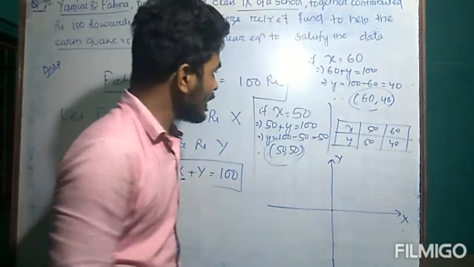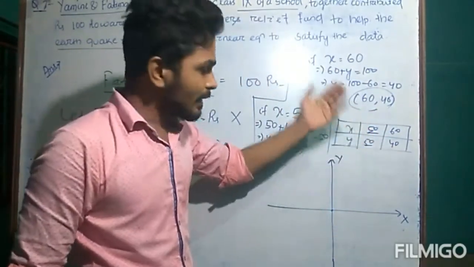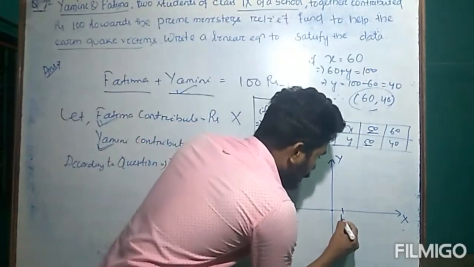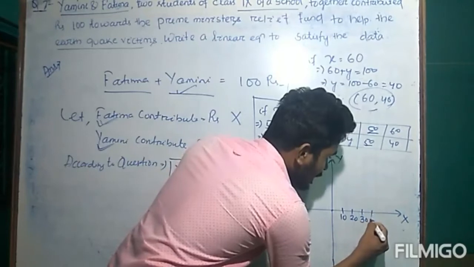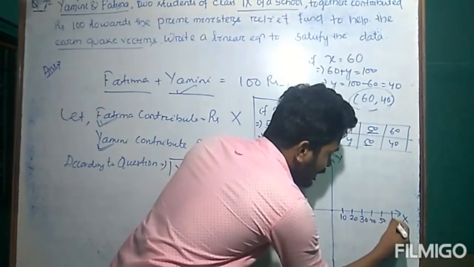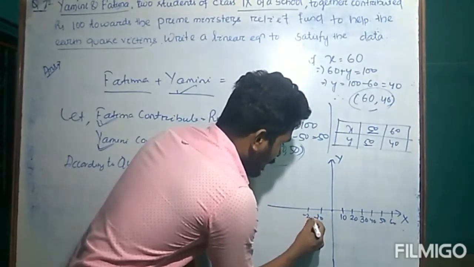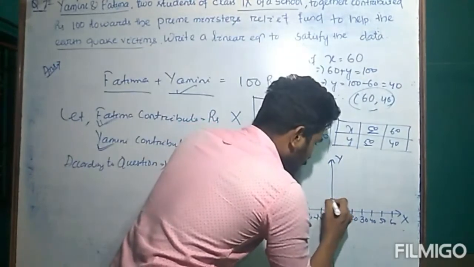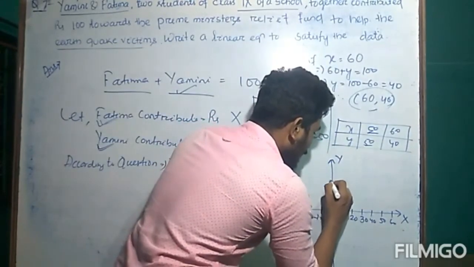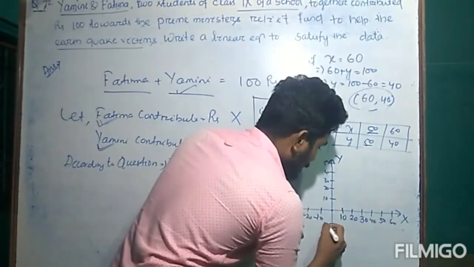In this case, you can see the points are very large, 50, 60. That's why you have to mark 10, 20, 30, 40, 50, 60, like this. Similarly, minus 10, minus 20, minus 30. In the y-axis also you have to take 10, 20, 30, 40, 50.